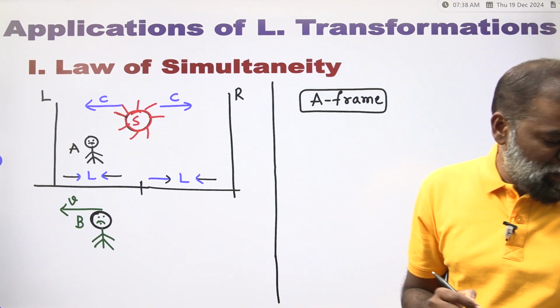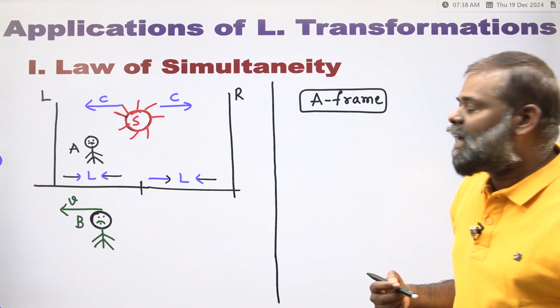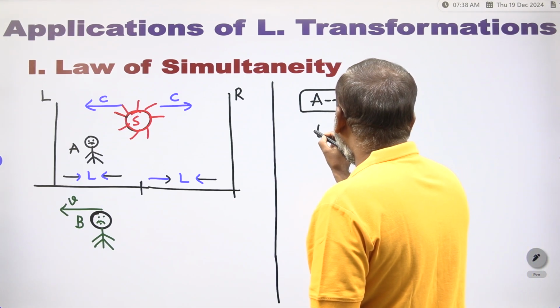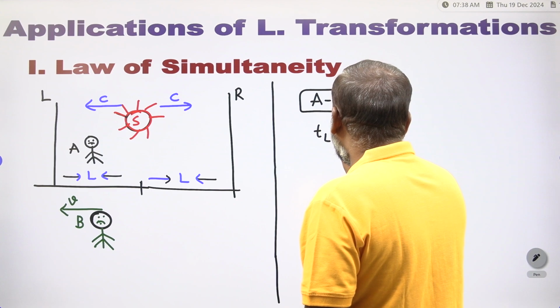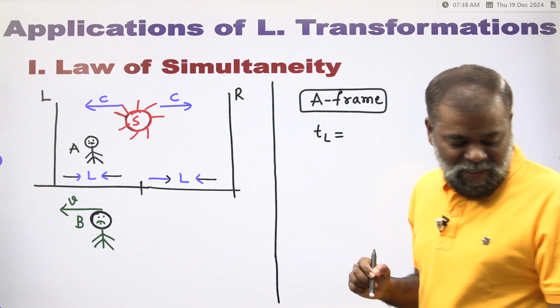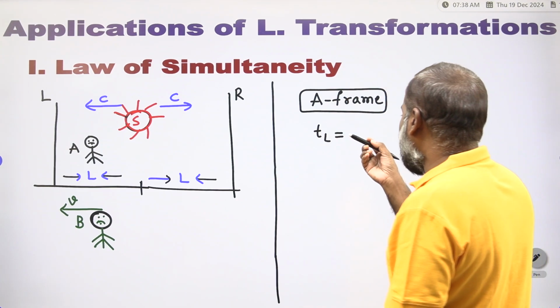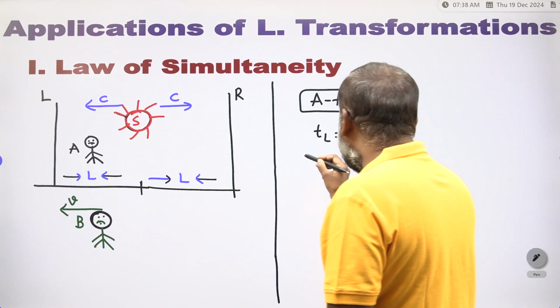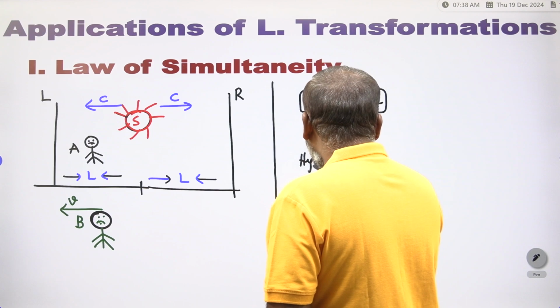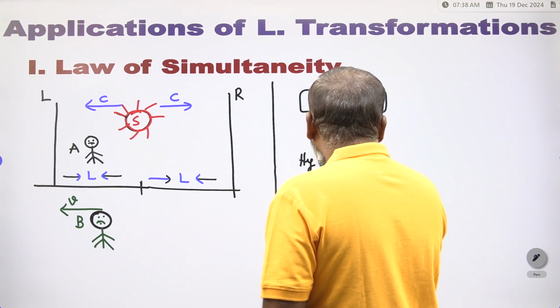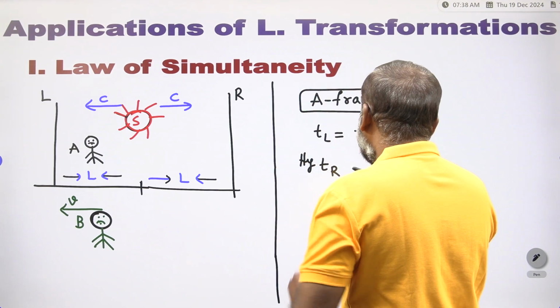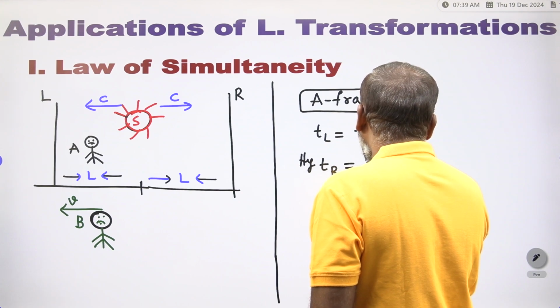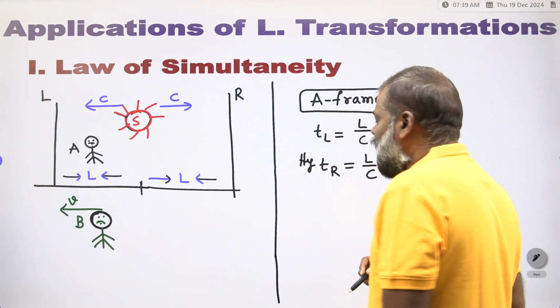What is the time taken for the left side? The time taken to go to the left side, T_L, is equal to length divided by velocity. Similarly, the time taken by the particle to go to the right side, T_R, is also L by c.